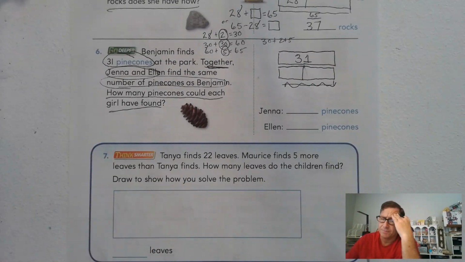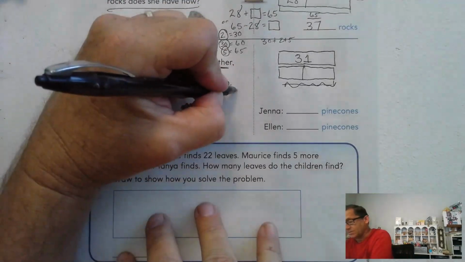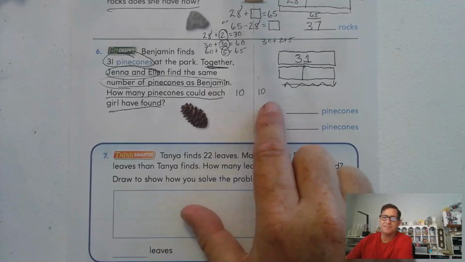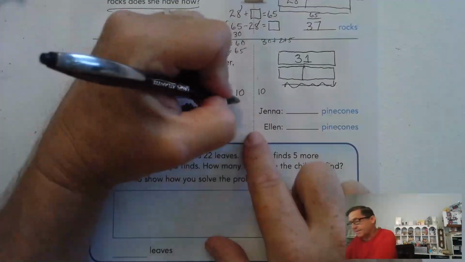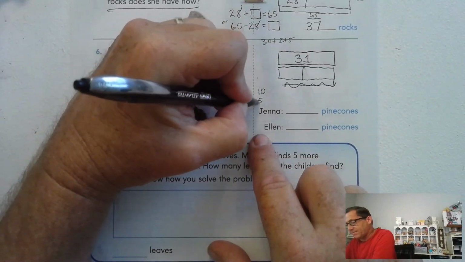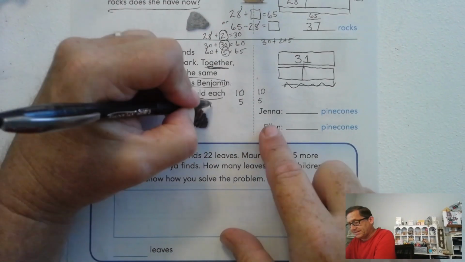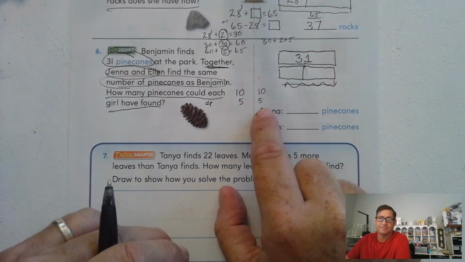So 31 is an odd number, right? There's not a pair for 31. So we can kind of just guess and check until we get close to that. So let's say they both found 10. How much is that? Well, that's 20, right? What if they each found 5 more? So that would be 15 and 15 more. 10, 20, 25, 30.